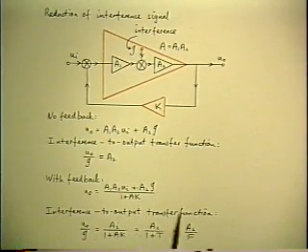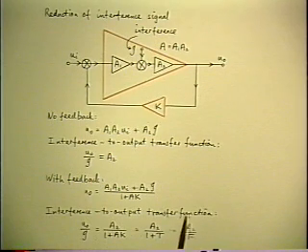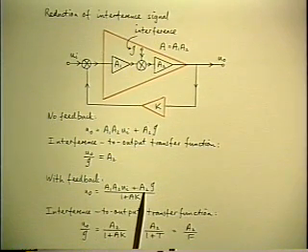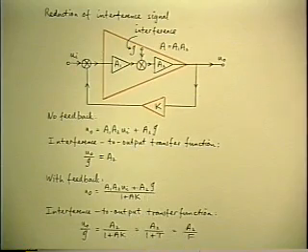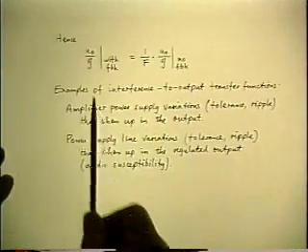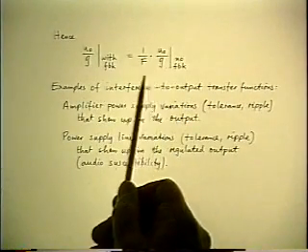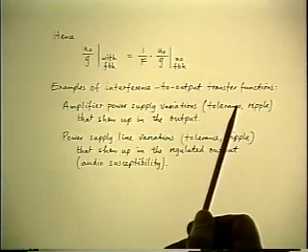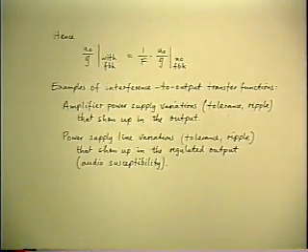So the interference to output transfer function is the value that it had before feedback, which is A2, divided by the feedback factor. So feedback reduces the interference to output transfer function by the feedback factor, the same factor that the overall signal gain is reduced.